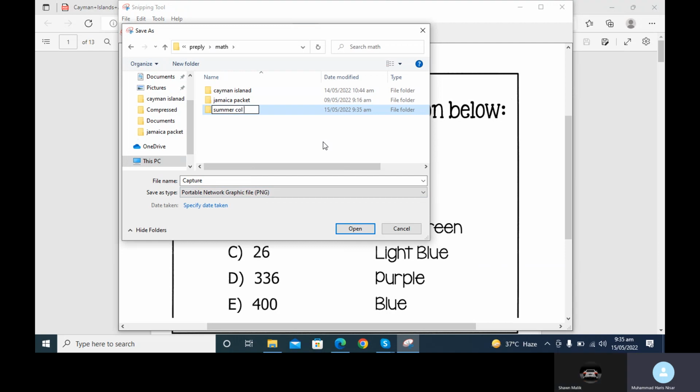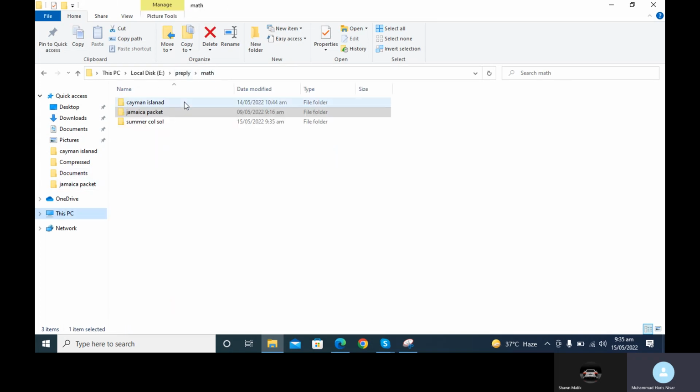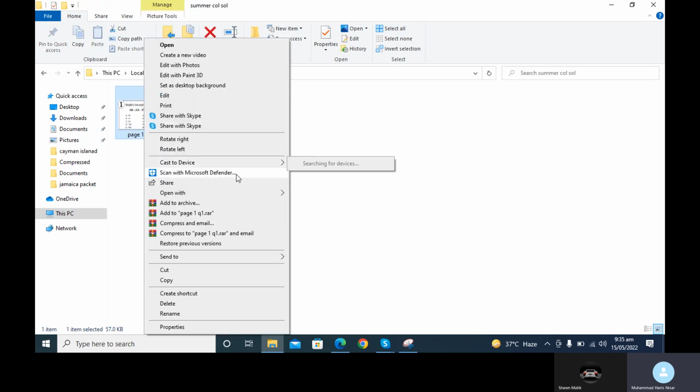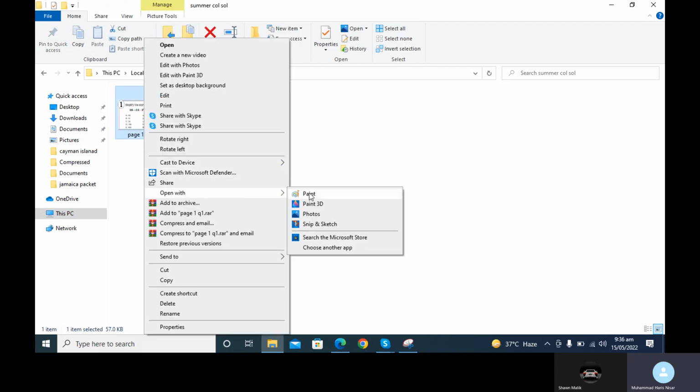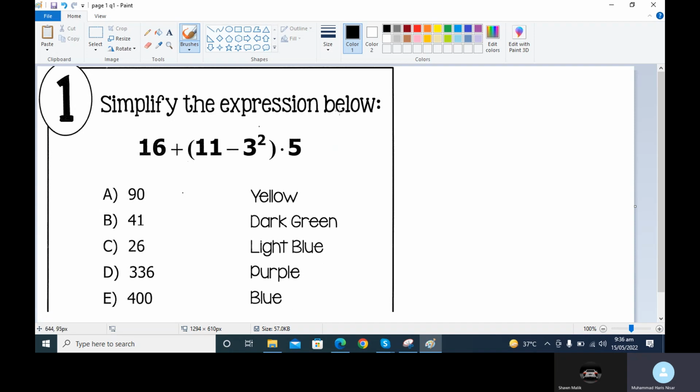So the question is: simplify the expression below.